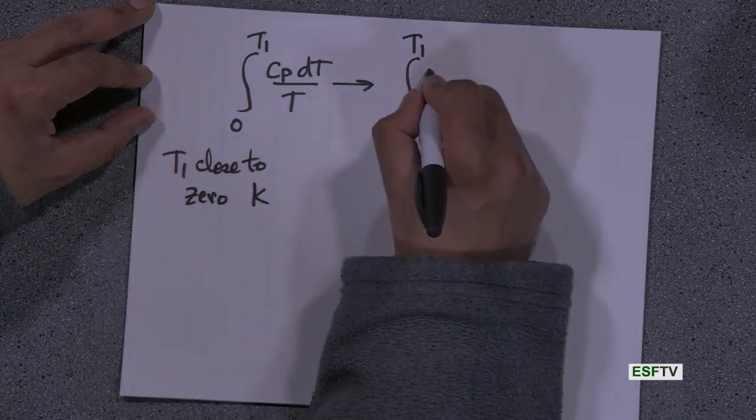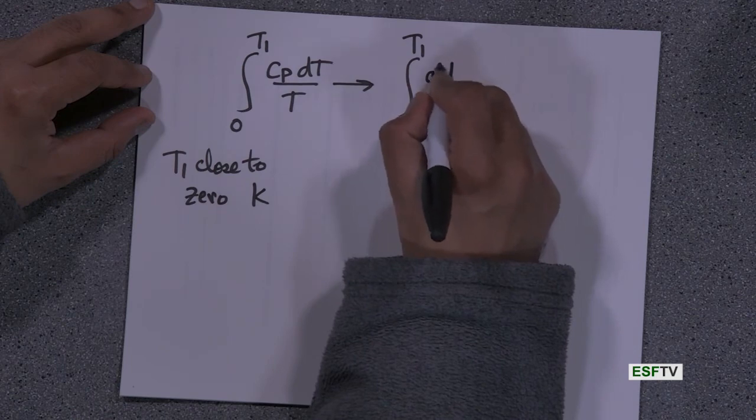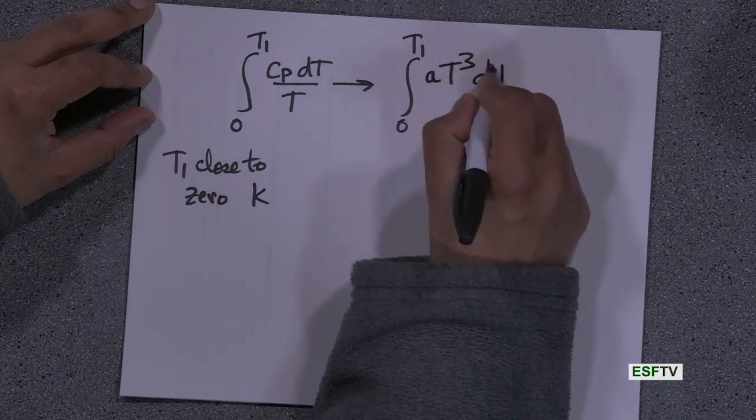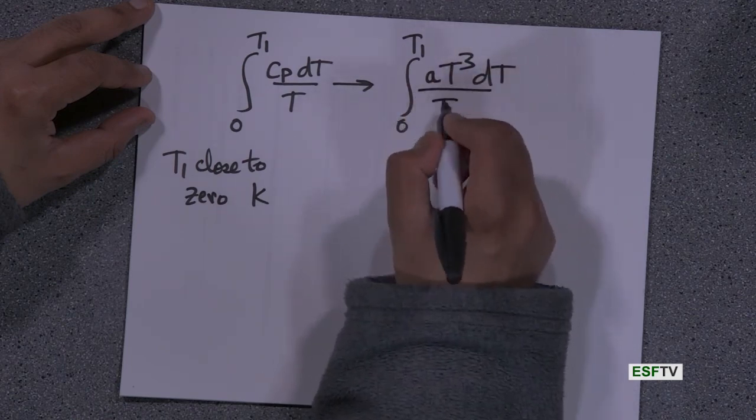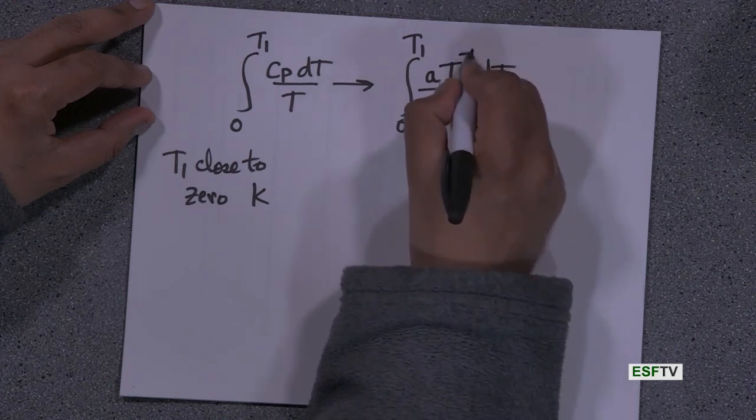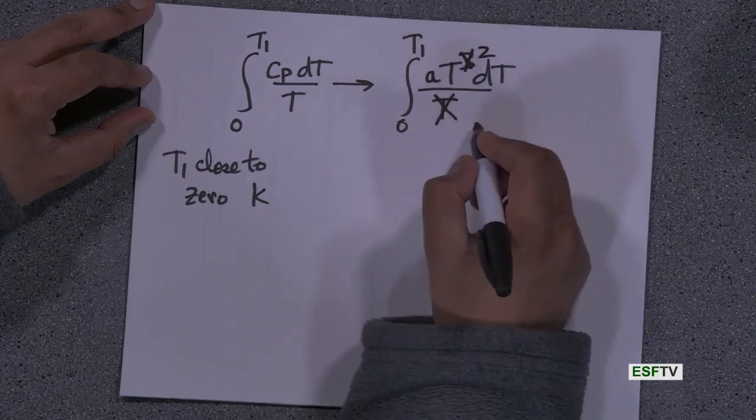Constant of proportionality, let's call that A for lack of a better word, A T cubed dT over T. It becomes T squared.